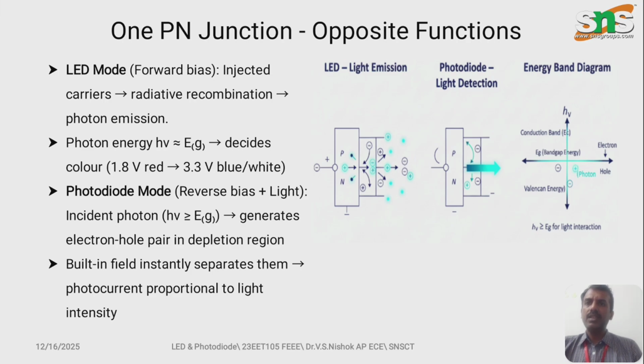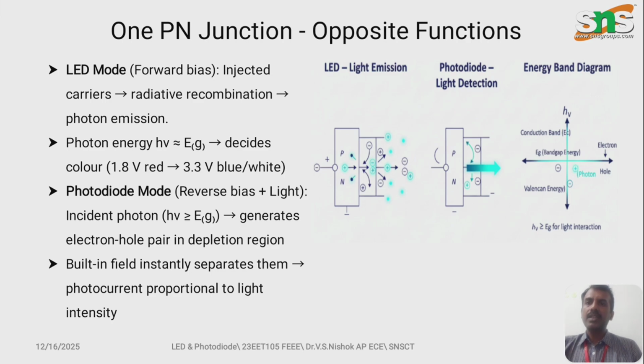In that mode, when the energy transmits from one band to another band through the PN junction, the energy transmission emits the light, so that is called the light energy. This happens with different wavelengths. Likely if the energy level is 1.8 volts, then it is red in color. If it is 3.3 volts, then it is blue in color. Similarly, several colors are available.